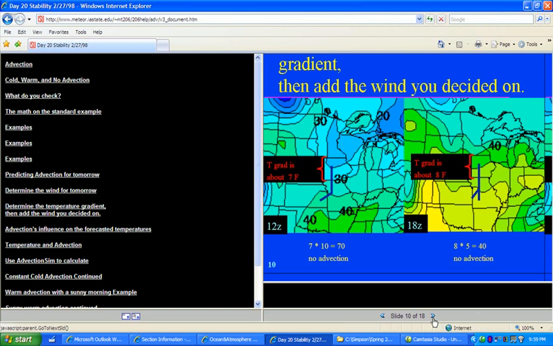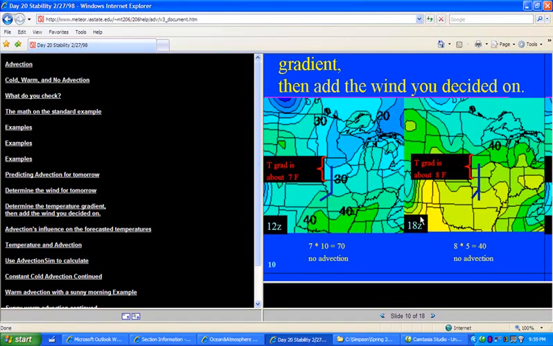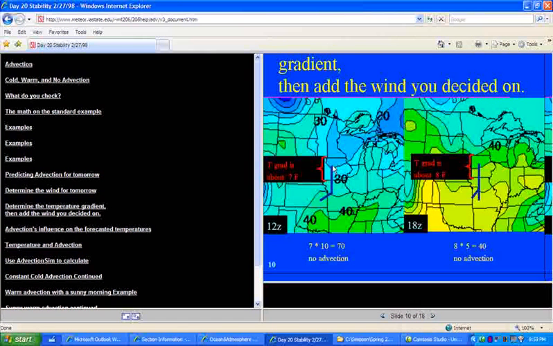And so at this point, you're trying to figure out whether you have advection. This is a map for 12Z, and this is a map for 18Z. You see temperatures across Iowa. It looks like this is 25 degrees over northern Iowa, 30 degrees over southern Iowa. So you have about a 5-degree change in temperature over Iowa with a 10 mile per hour wind. As you know, that's not going to be enough for significant advection.